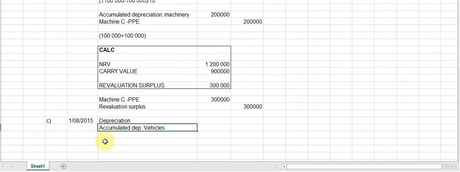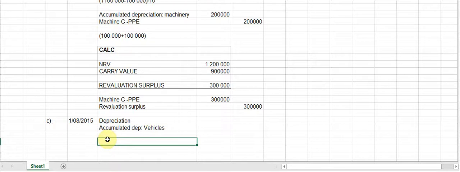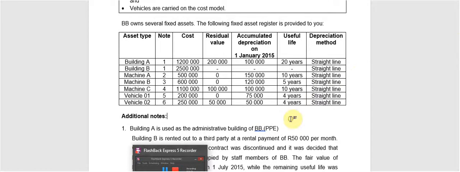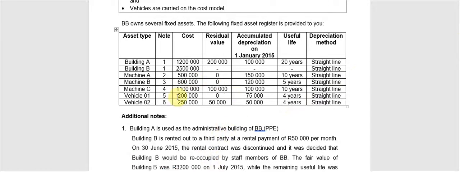If I look at the information relating to vehicle 01, it had a cost price of 200,000 Rand. If we just go back to vehicle 01, it had 200,000 Rand cost. It had an accumulated depreciation of 75,000 and a 4-year straight line life span.